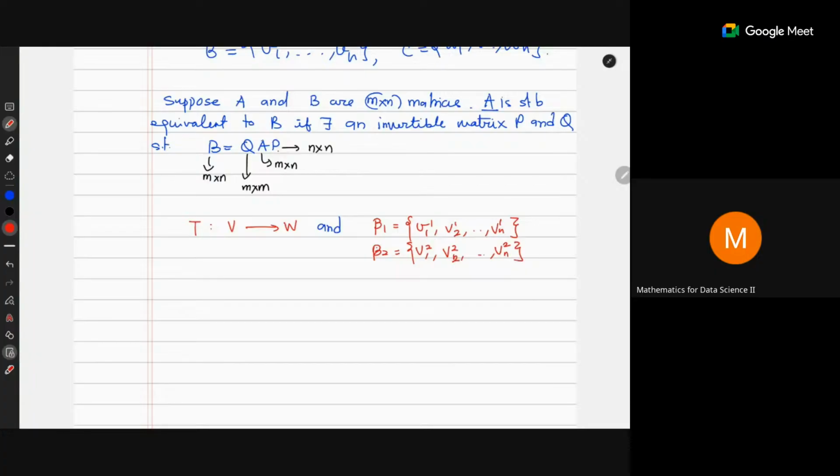These are two sets of bases on V. Similarly, there are two sets of bases on W, gamma 1 and gamma 2.